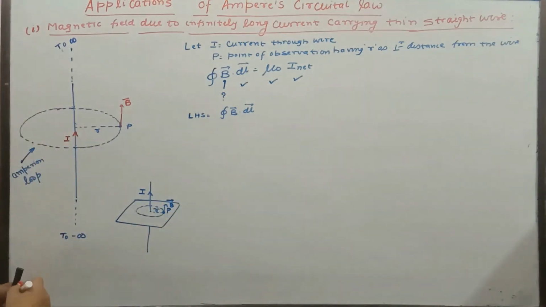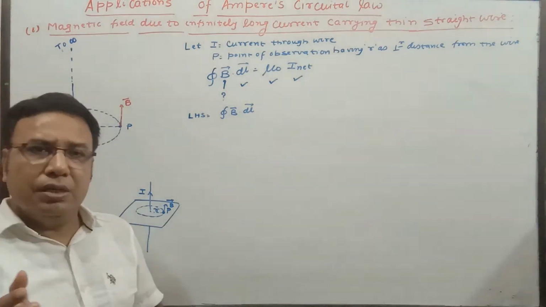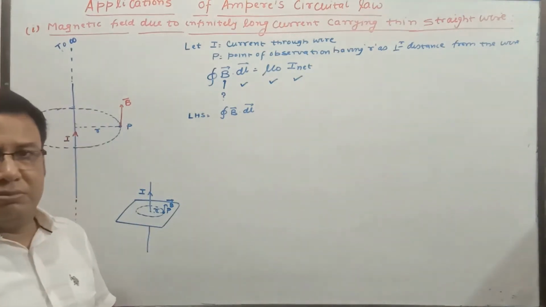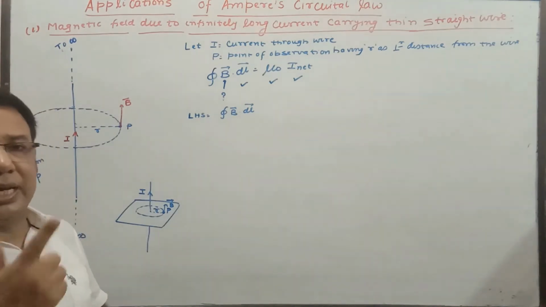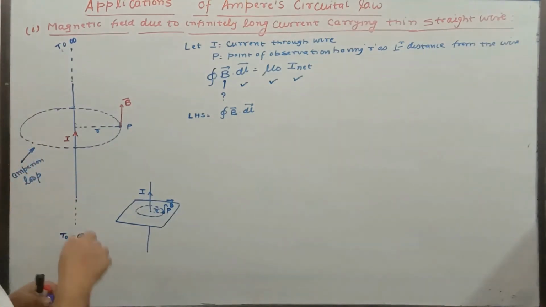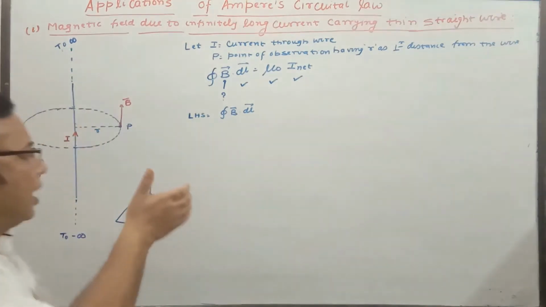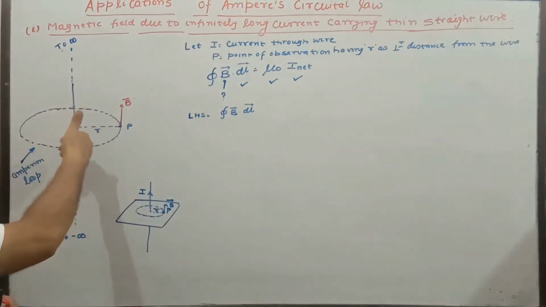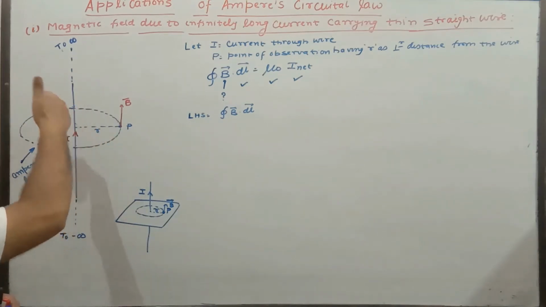And dl. The direction of dl is as per the direction of traversal of the path, and accordingly the sign of I will be taken. In the last class I discussed, if you traverse the path in such a way that the thumb is in the direction of current, then the current will be positive.